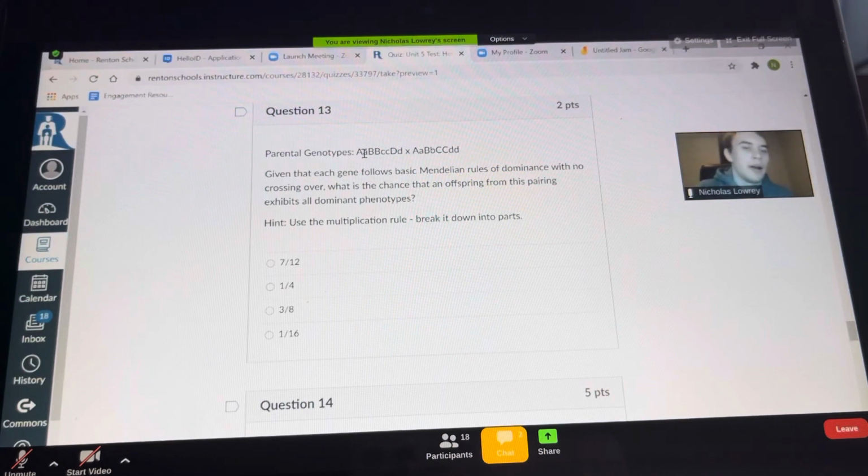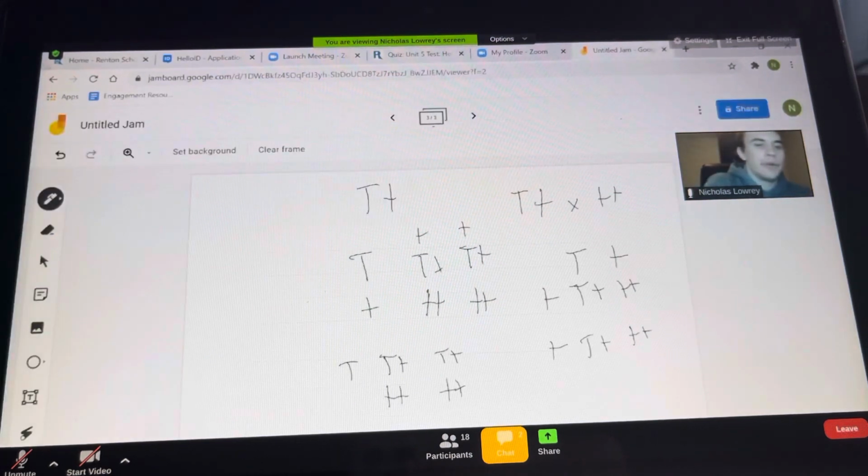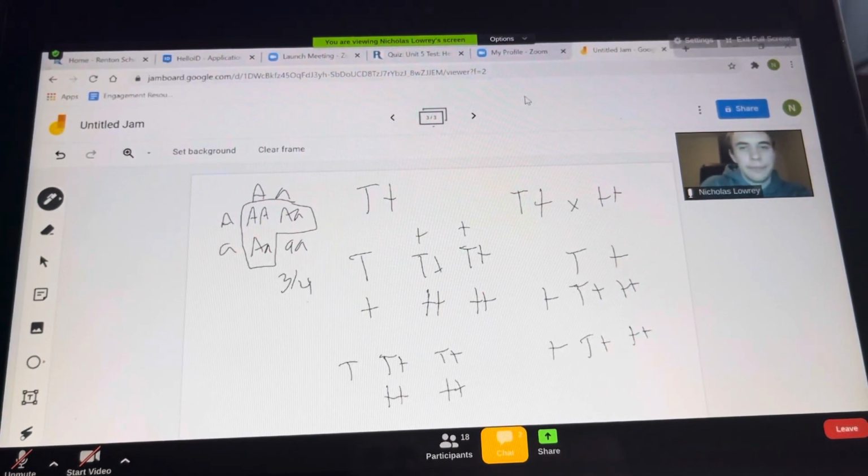A heterozygous cross we even did in one of the last problems. If we do it over here, a heterozygous cross is going to be a 3-to-1 ratio. So 3 of them are dominant and 1 is not. So this is 3/4.